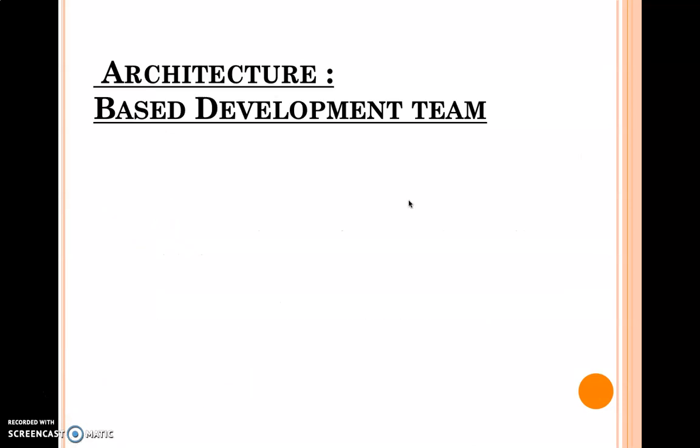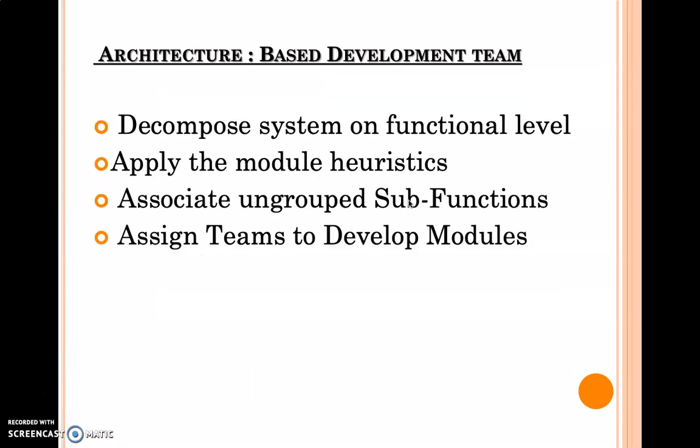So an architecture based development team will decompose the system at function level, apply the module heuristics, associate ungrouped subfunctions, and assign teams to develop modules. Individual teams will develop one specific module, and after development, the overall team will combine all those developed modules or chunks, and this will give you the whole product.